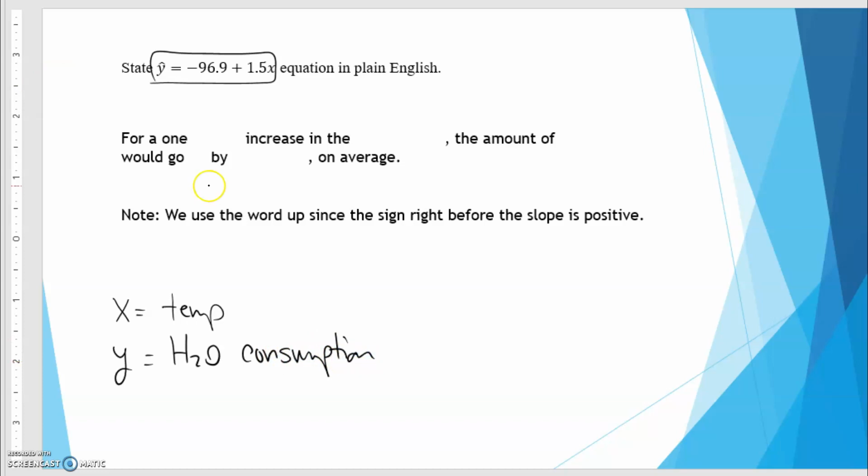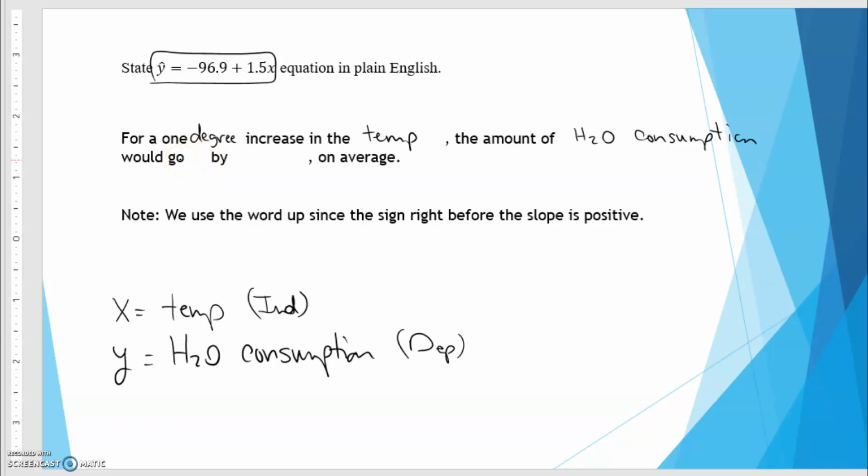So for a 1 unit increase in the independent, or a 1 degree increase in the temperature, the amount of the dependent, or water consumption, will go up or down.